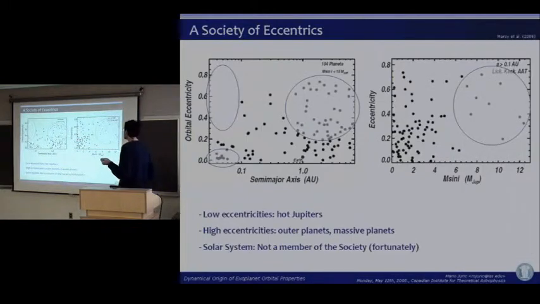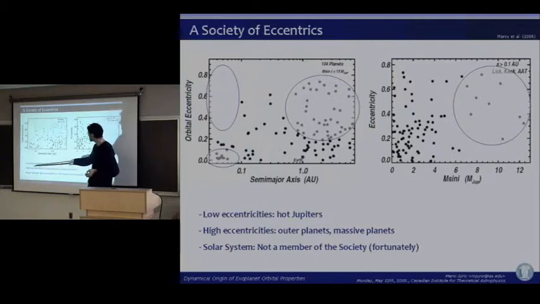This is the problem. If you remember what I've shown you for the solar system, this is the distribution of eccentricity, semi-major axes, and masses for the planets outside of the solar system. They're very different from what we see in the solar system. I've circled a couple of regions of interest in these diagrams. The first planets that were discovered were hot Jupiters. That is this little group here.